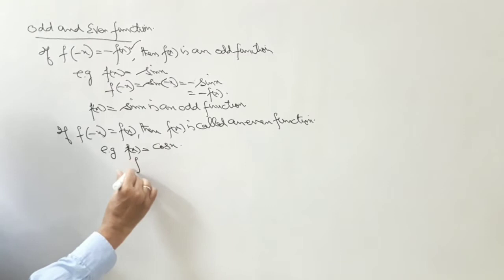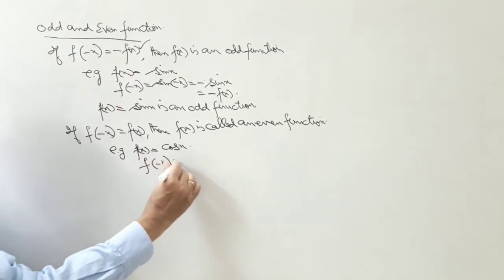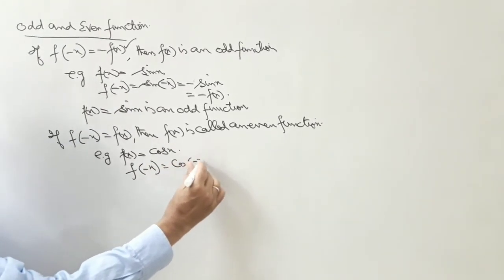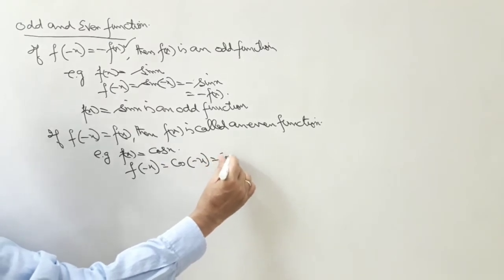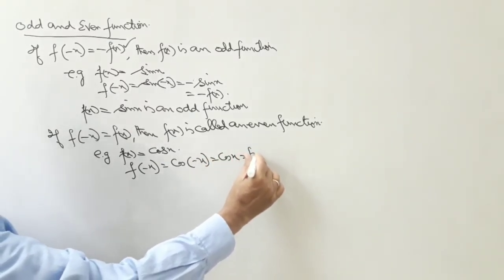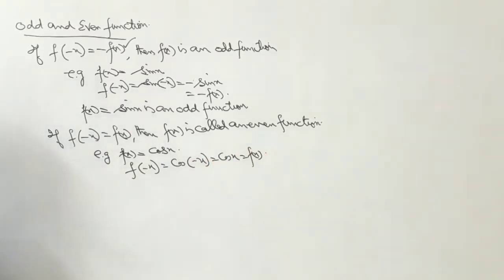So, f of minus x is equal to cos of minus x, which is cos x. This is fx. Therefore, we can say that fx is equal to cos x is what we call an even function.